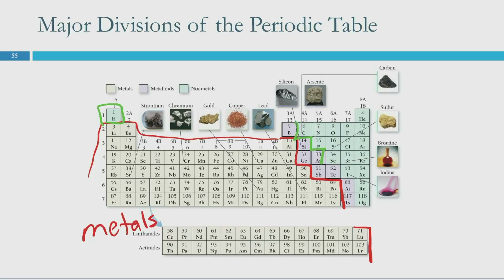We've also got another large section up in the top right. These are our nonmetals, things that are not metals. They don't display the same properties as metals. And then we've got our weirdos kind of crunched in between, and these are our metalloids or semimetals.